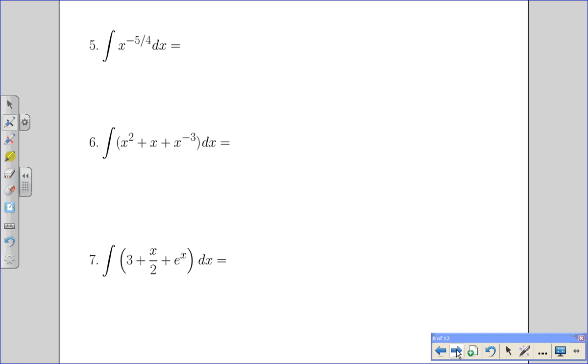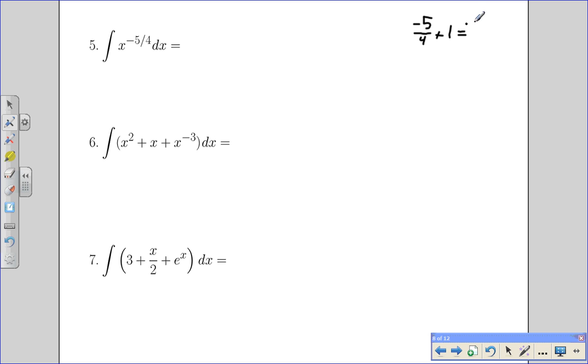Sometimes we have fractional exponents, and those are no more difficult than the integer exponents, except you have to be careful when you do the subtraction, the addition, of course. A lot of times I'll do the addition on the side here. Minus 5/4 plus 1, because I'm going to add 1 to the exponent.